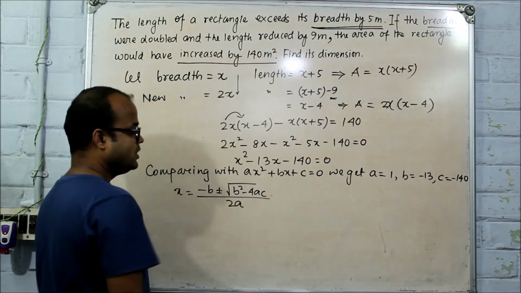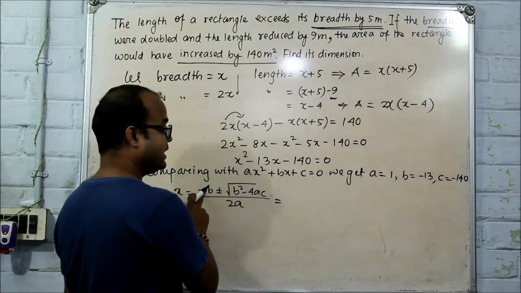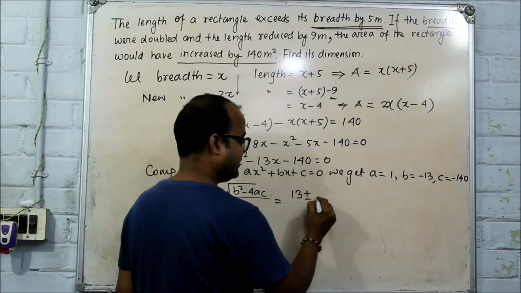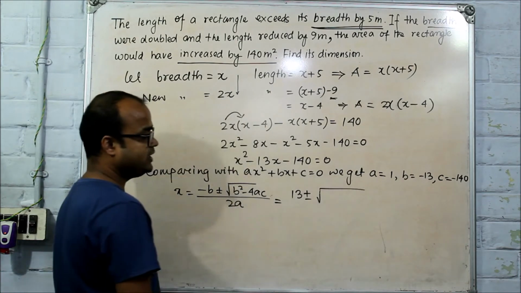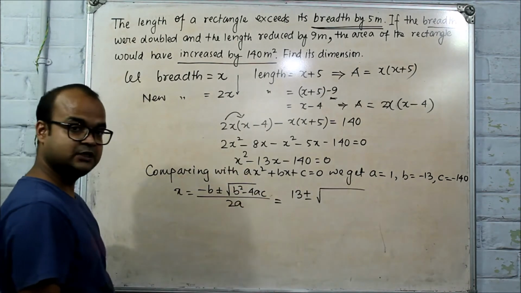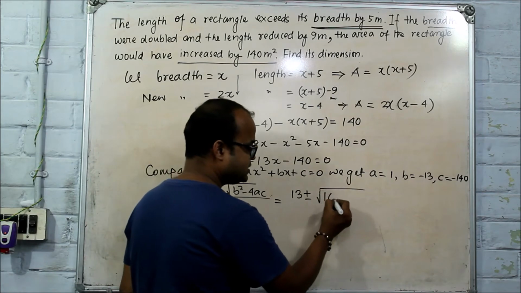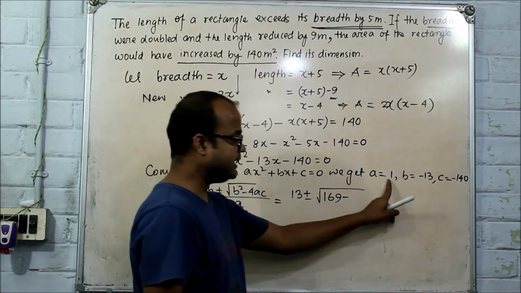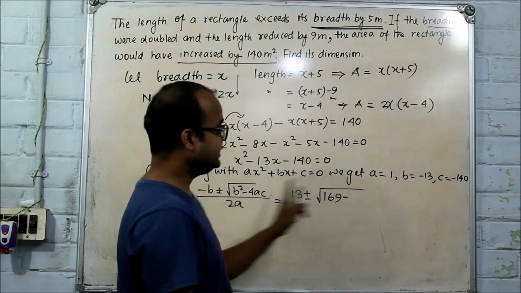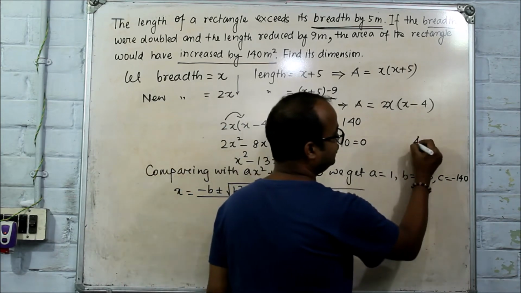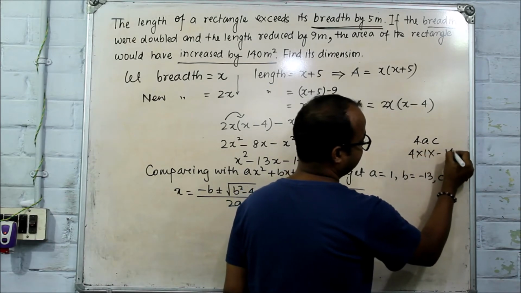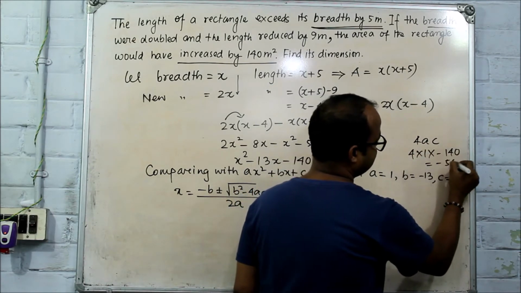So minus b, minus of minus 13, that is plus 13 plus minus square root of b square, minus 13 square, that is equal to 169, minus 4 into a into c. If you multiply 4ac, you get 4 into 1 into minus 140, that is equal to minus 560.